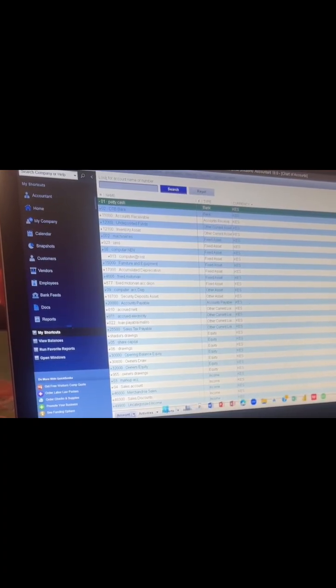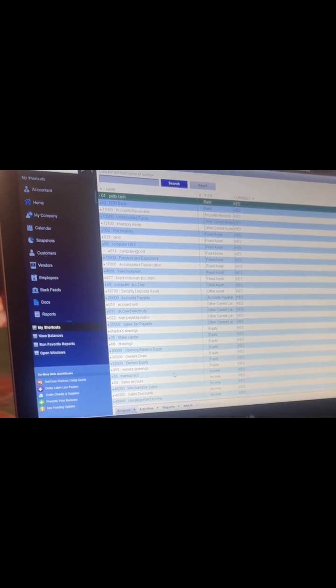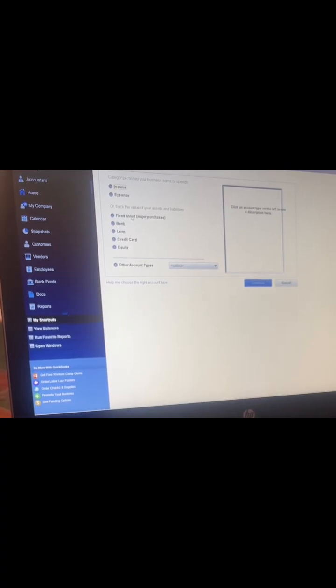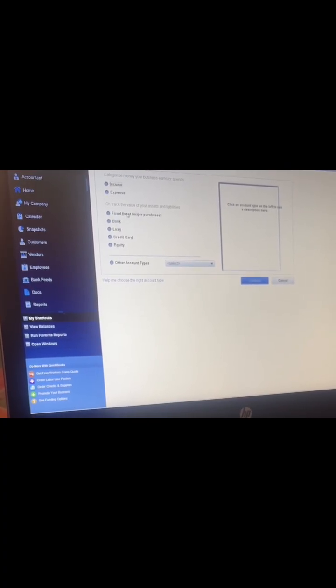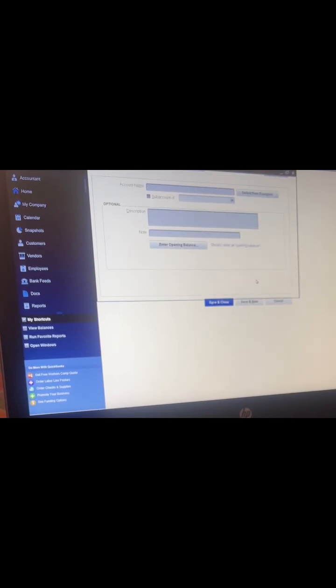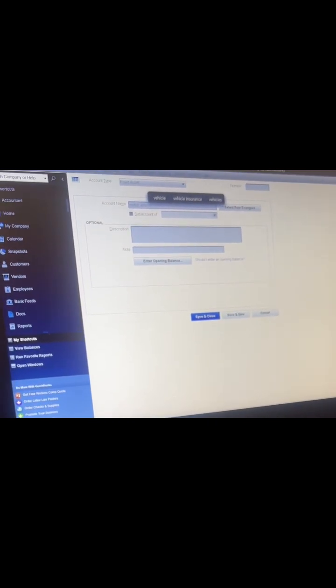So you come to the account, you choose fixed assets. Rename it motor vehicle. Let's put the opening balance.